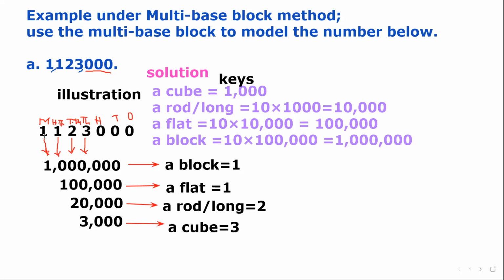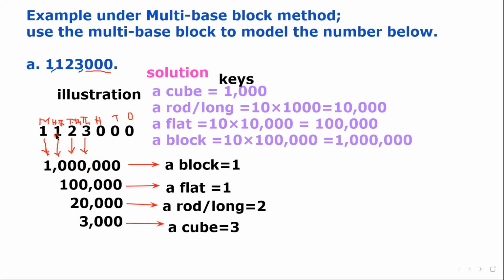So when we take the face value of this 1 here, it occupies the millions position, and therefore the face value times the place value is 1 times 1 million, that will give you 1 million. That is why we are able to get this 1 million.